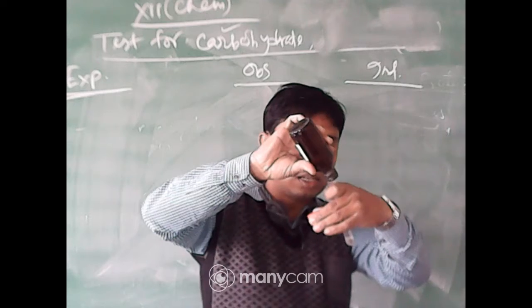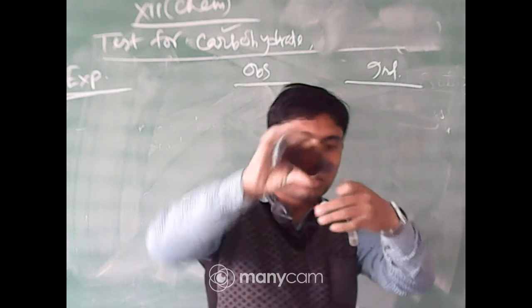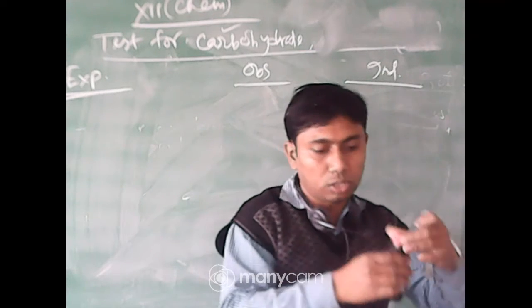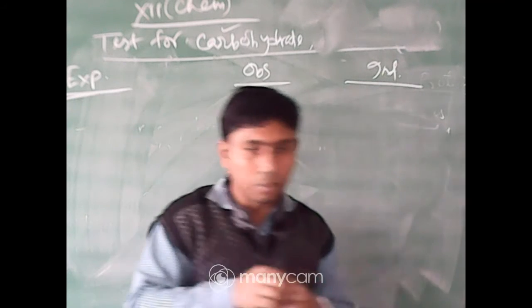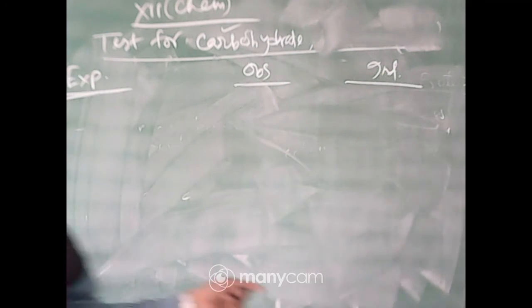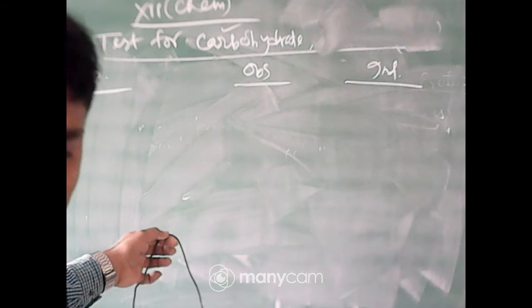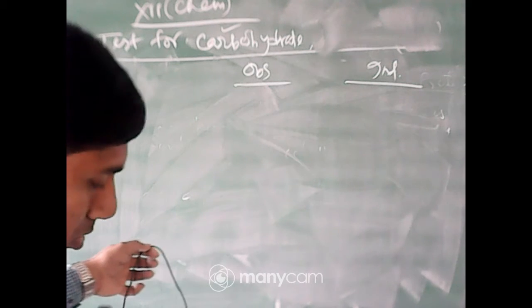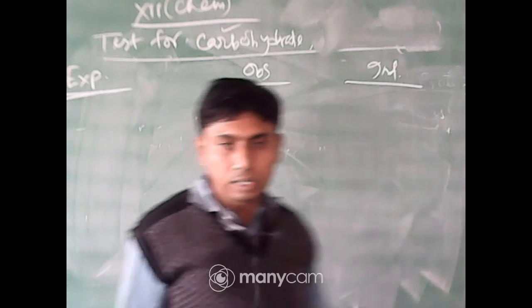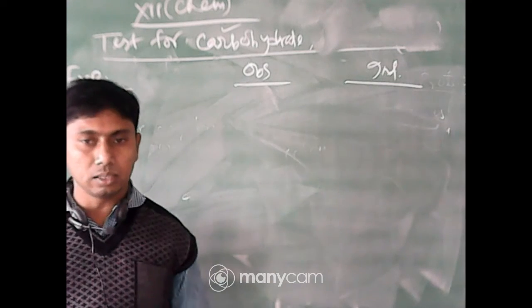This is the Tollens reagent added, and both are put on the water bath. Already the orange color, that is red color, is coming. Both the test tubes are on the water bath.